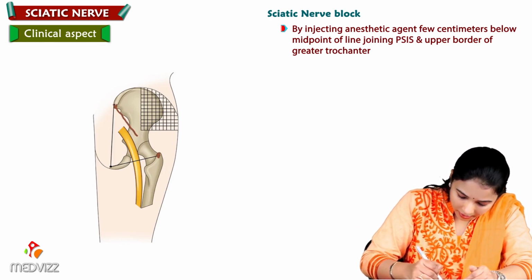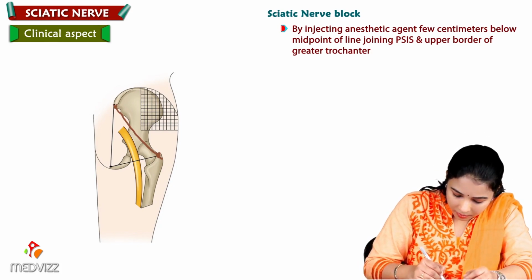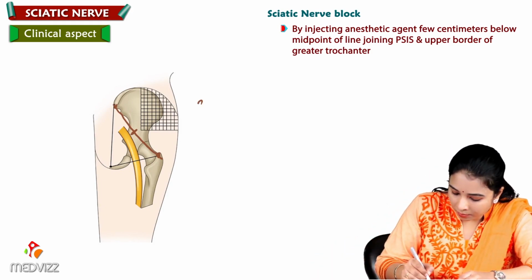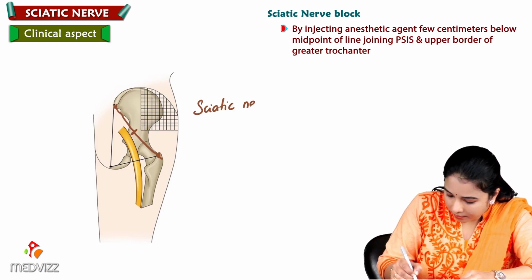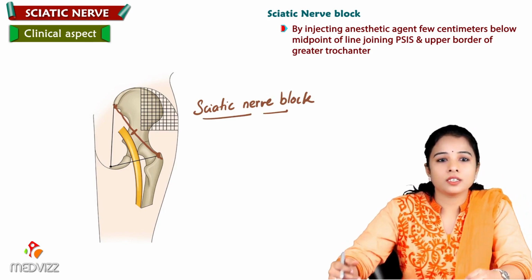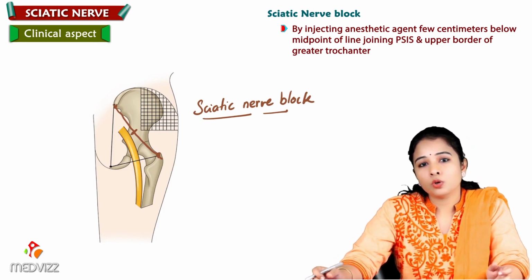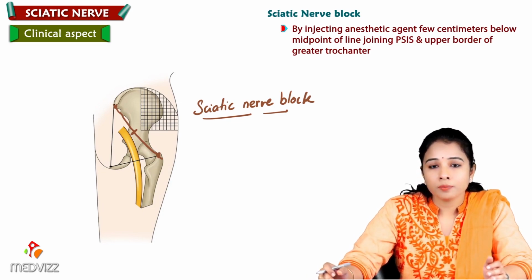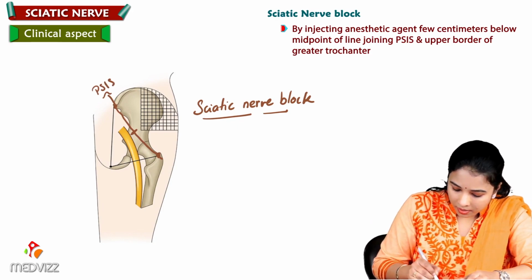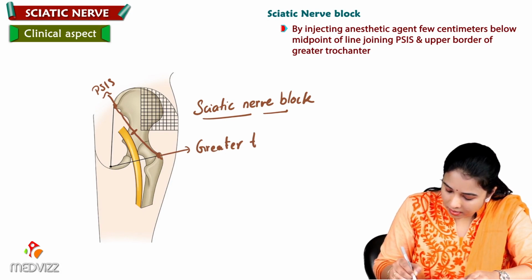So if you draw a line, a few centimeters, that is 1 or 2 centimeters below the midpoint, is the site of sciatic nerve block, where we administer anesthetic agent by injecting into the sciatic nerve. That is, it is below the midpoint of the line joining the PSIS. This is the posterior superior iliac spine and this is the greater trochanter.